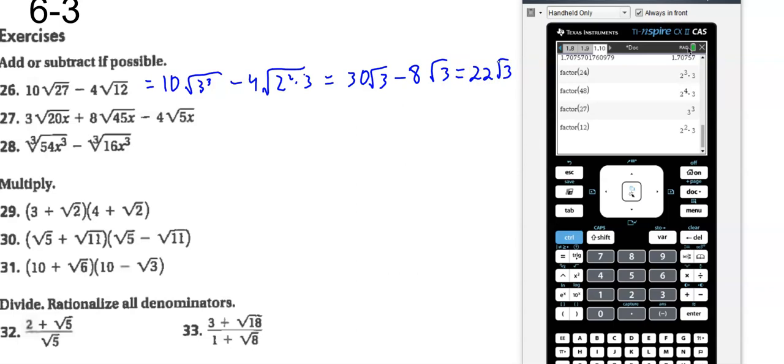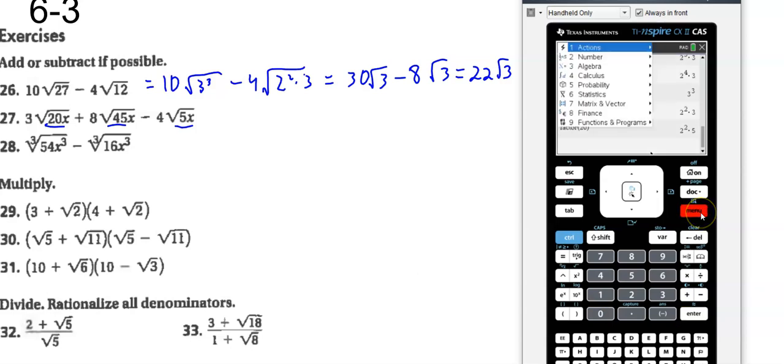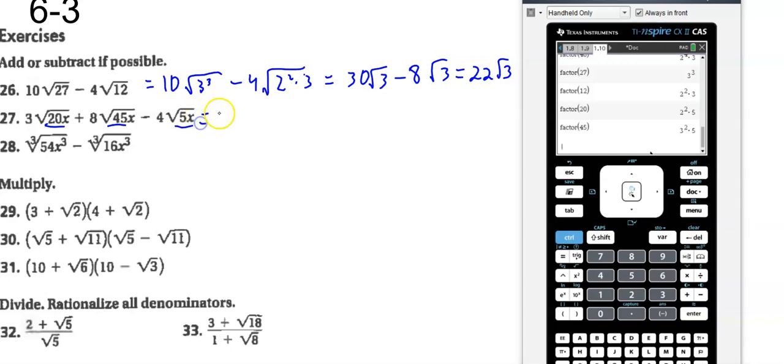Okay, let's try the next one. They don't add together nicely because these need to be the same. So let's do some prime factorization here. So make a factor tree of 20, make a factor tree of 45, and 5 we already have. Okay, so this will be, first term would be 3 times square root of 2 squared times 5.